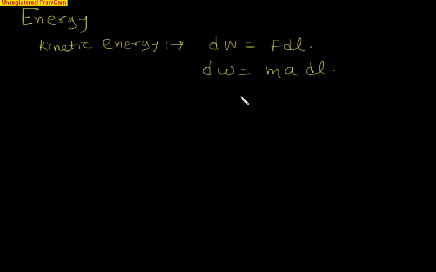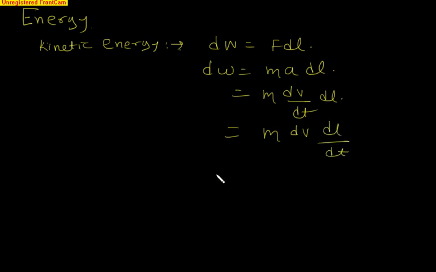Okay, then this acceleration can be written as dv by dt. We can interchange this, or dl, it is the same as this. Okay, dl by dt is nothing but velocity again, or you can write mv dv. Okay, dw. And we are interested in total work, not just differential work.